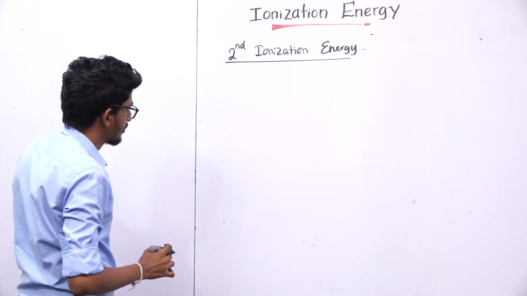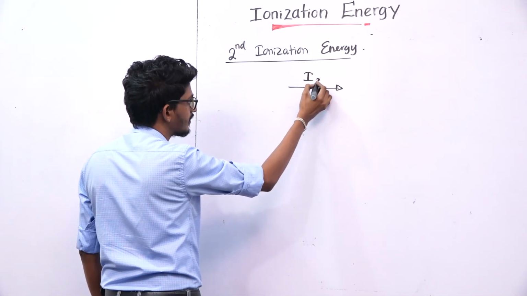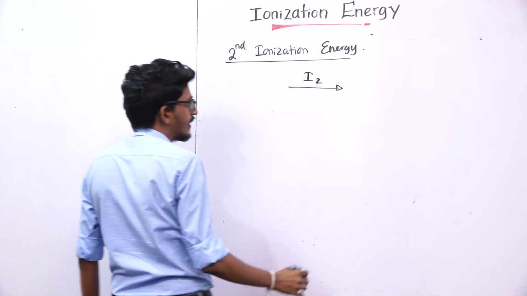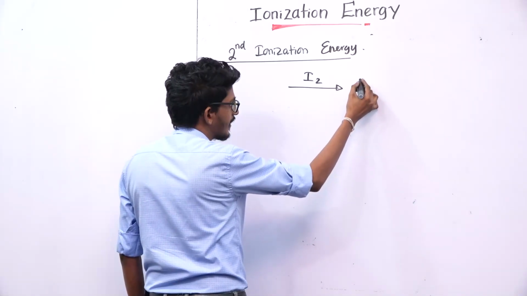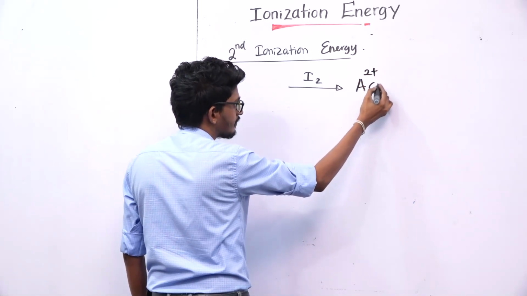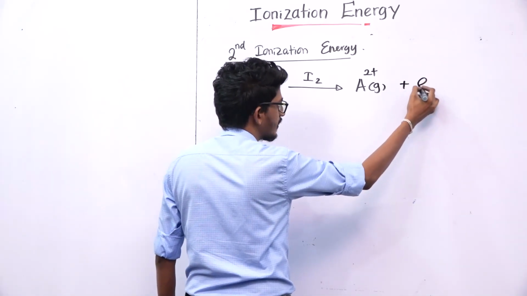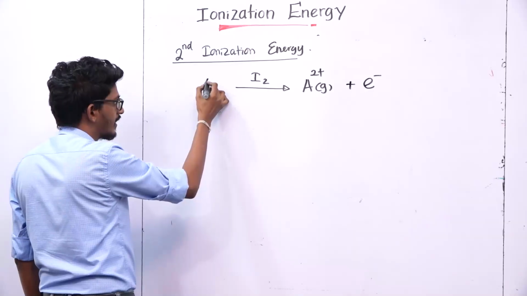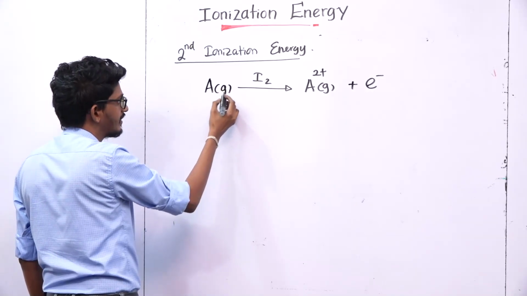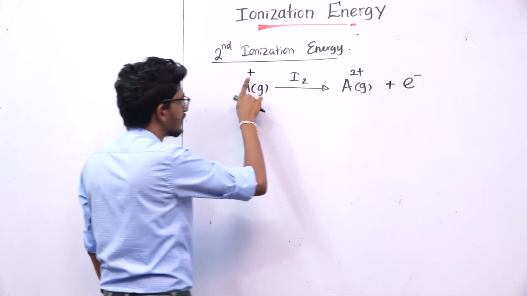What is meant by second ionization energy? I2 means you are supposed to release an electron to produce the 2+ gaseous ion. The electron should be removed from the gaseous +1 ion, to conserve the charges.